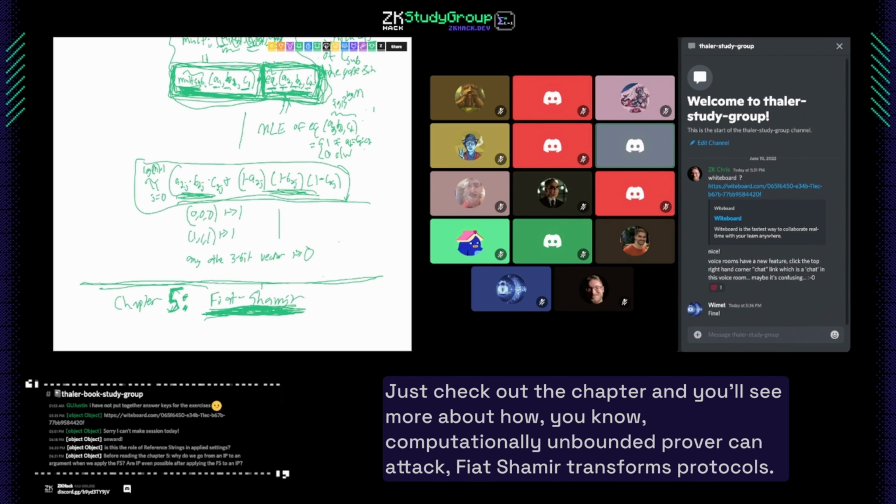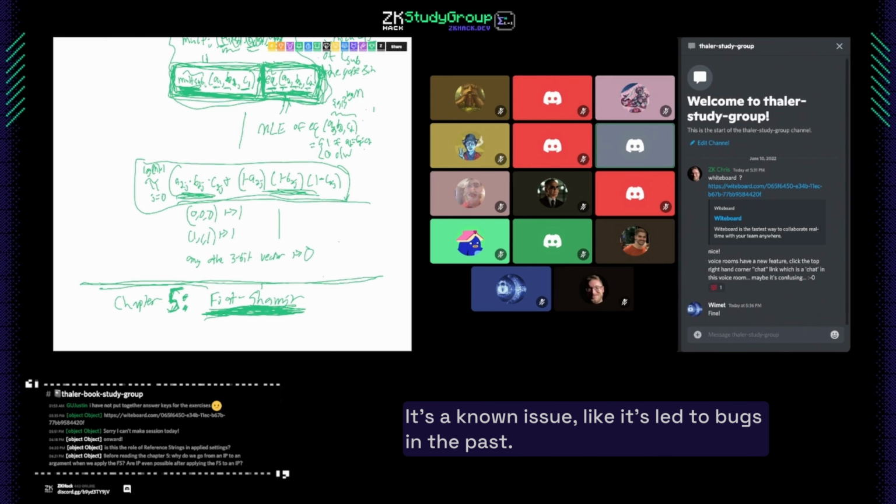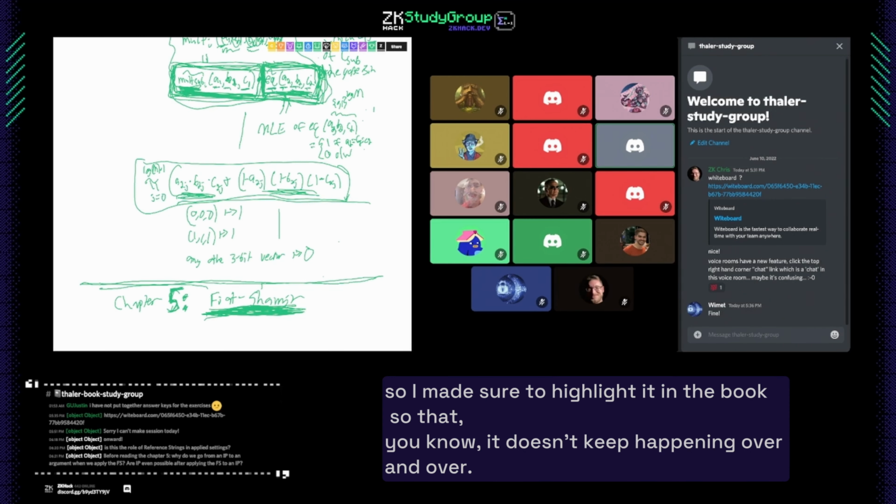Check out the chapter to see how a computationally unbounded prover can attack Fiat-Shamir transformed protocols. I also discuss in the chapter the issue that led to bugs in the past. It's a known issue, so I made sure to highlight it in the book so that it doesn't keep happening over and over again.